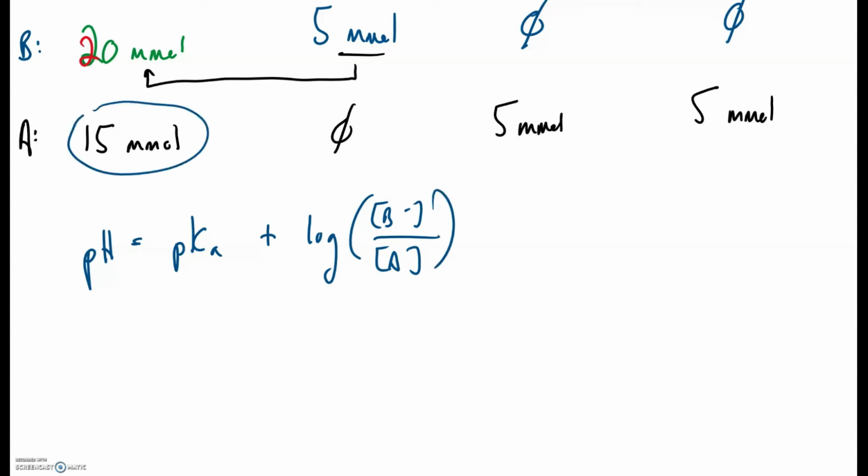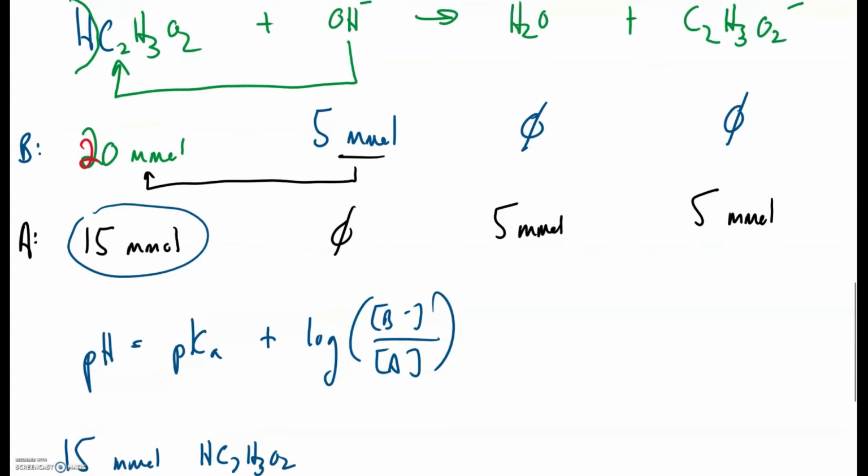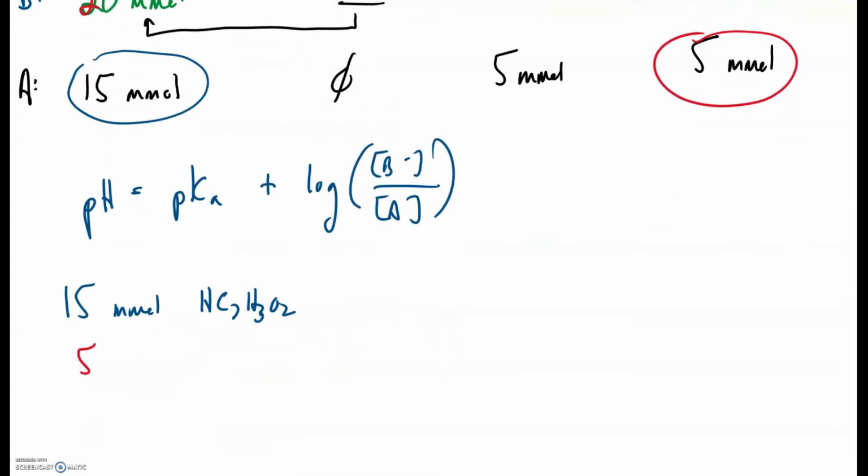After the reaction, we've got 15 millimoles of acetic acid that remain in solution, and we've got 5 millimoles of acetate that we just made. So let's get these into a concentration so we can plug these into our Henderson-Hasselbalch equation.